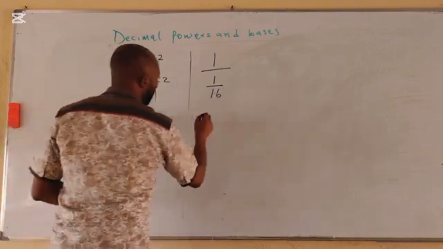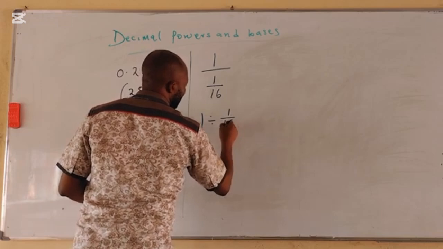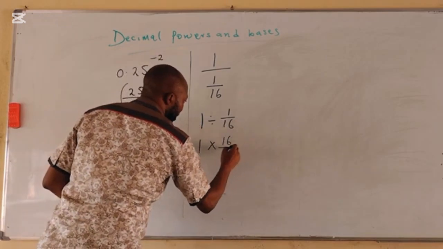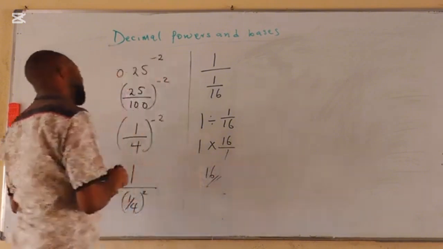So this becomes 1 divided by 1 over 16, which is 1 times 16 over 1, which is 16.